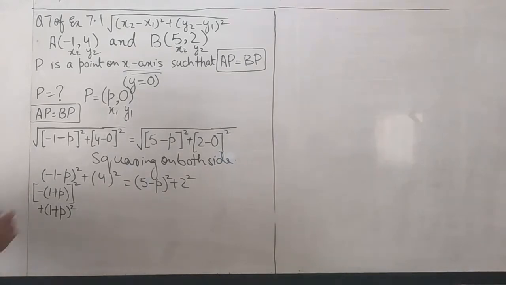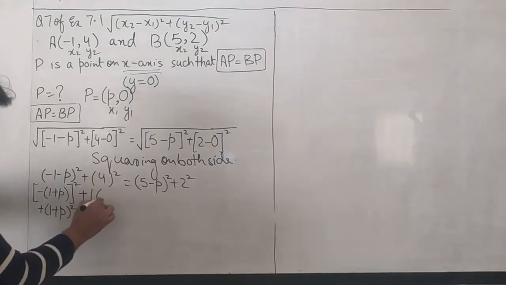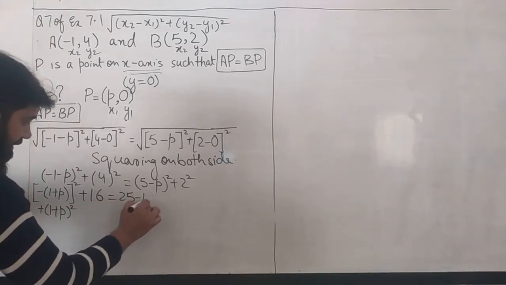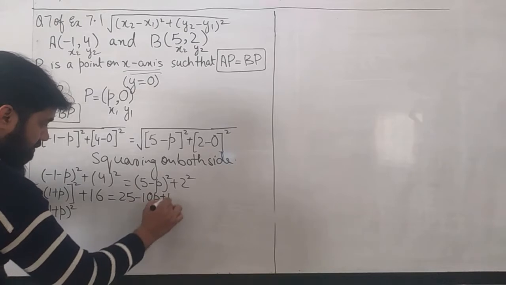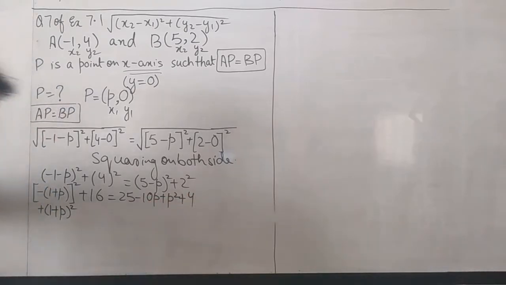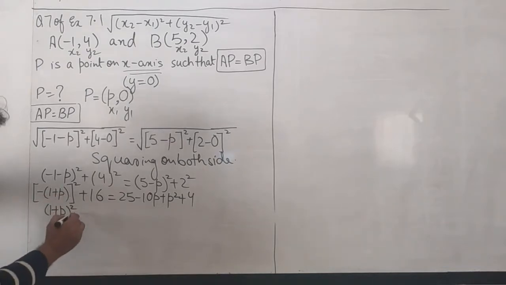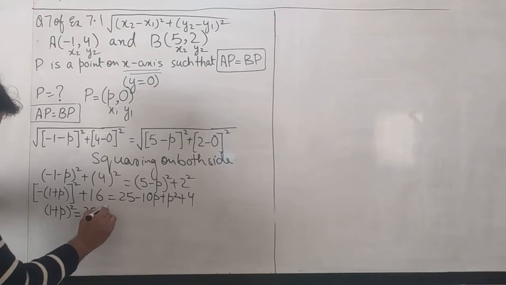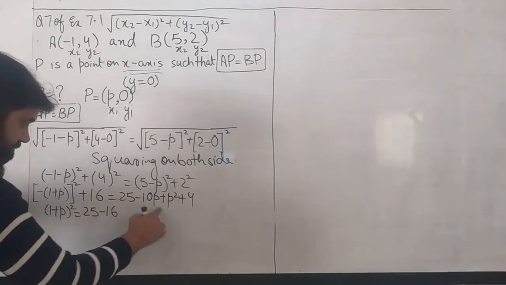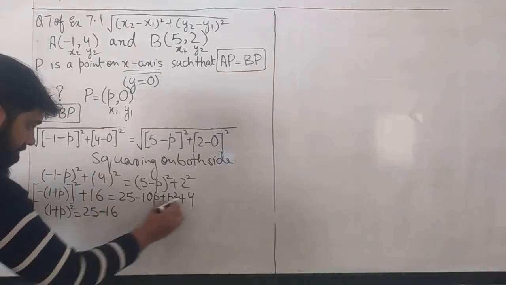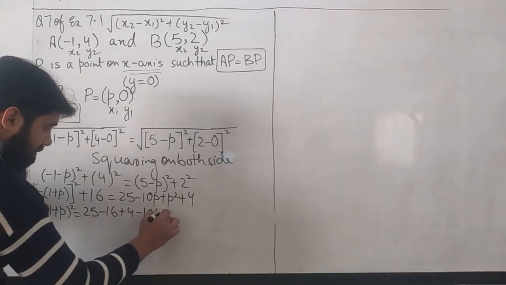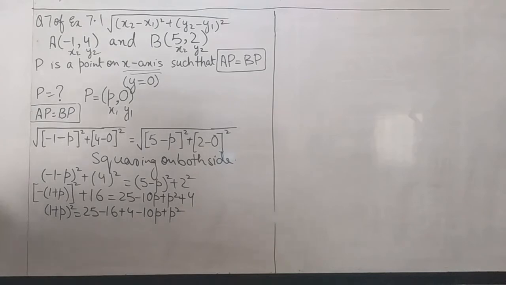This is written over here, plus 16, expanding this one, 25 minus 10p plus p square plus 4, right, equals to, shifting it over here, 25 minus 16 plus 4 minus 10p plus p square.